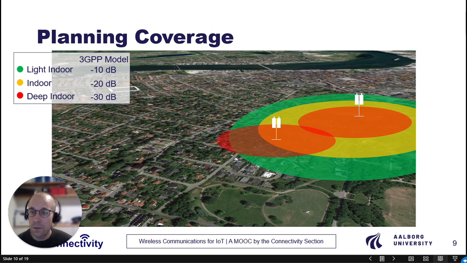So depending on what installation type you're planning for, you would have very different density in your infrastructure. If you're planning for deep indoor, you'll need to use many more base stations to cover the same area, whereas if it were light indoor, you could do with just a few base stations.